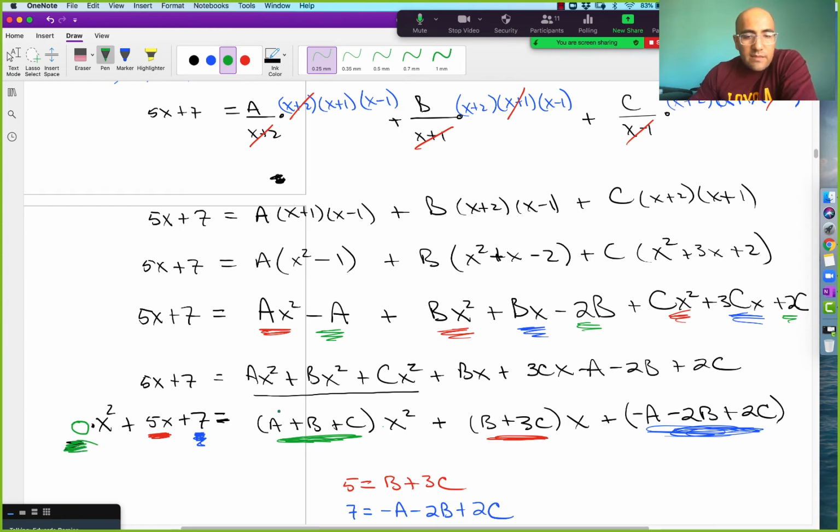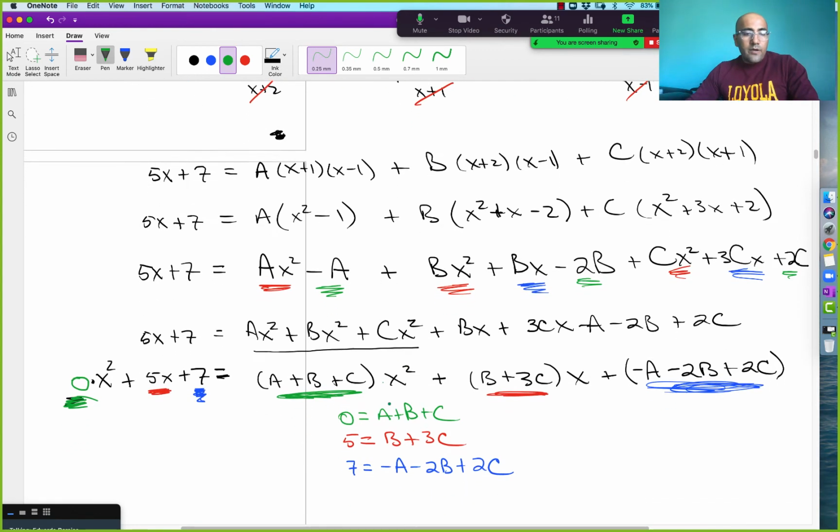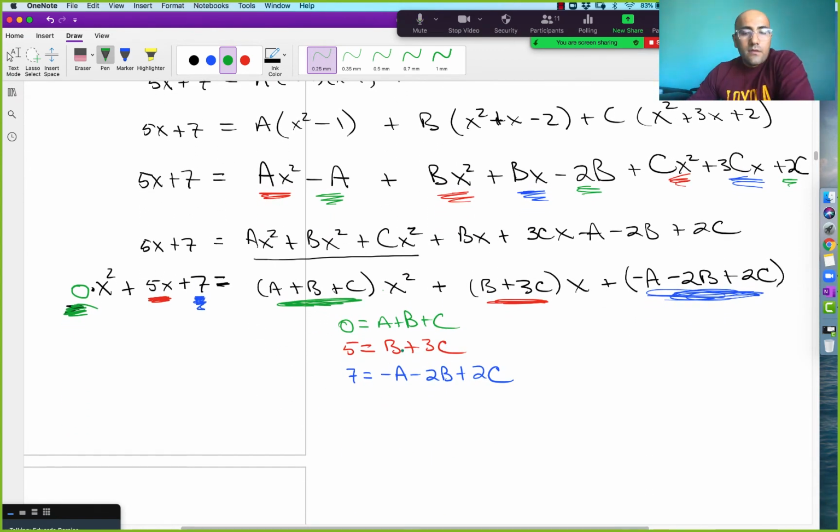It must mean that these guys add up to 0. So my third equation is 0 equals a plus b plus c. That's the really tricky part of this section right here. The regrouping of these terms this way gives you a new system of equations.